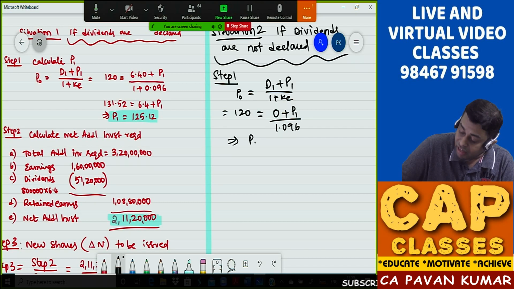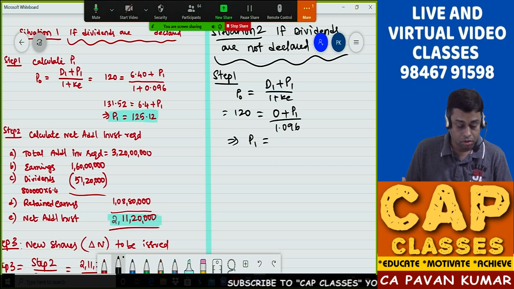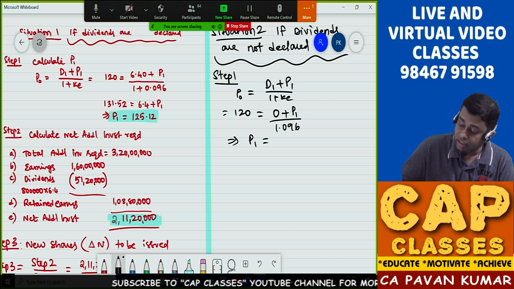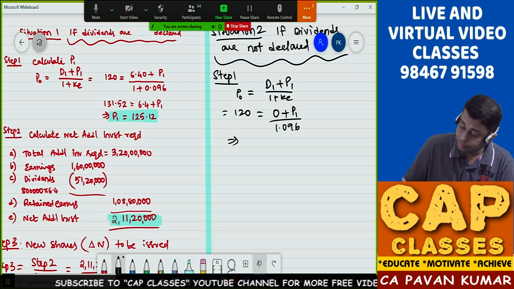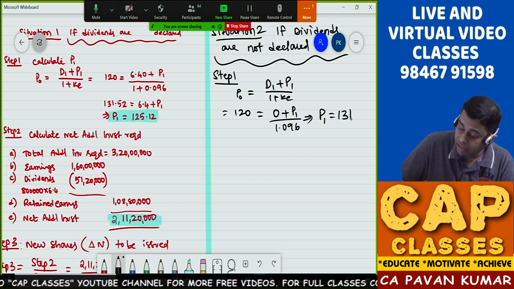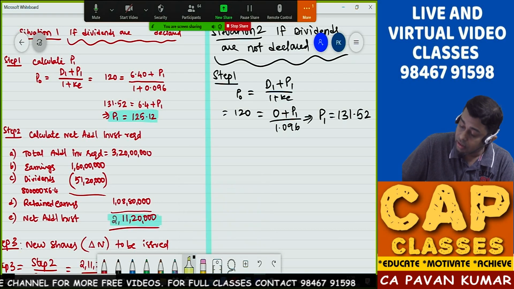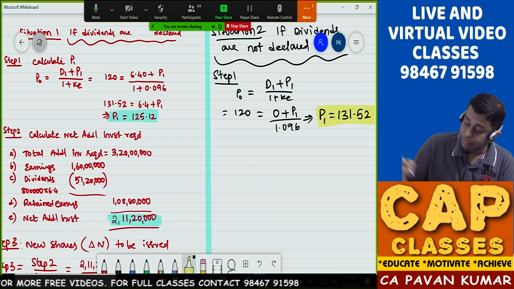Therefore P1 is equal to 120 into 1.096. This comes to 131.52. Therefore P1 is equal to 131.52. This is our step 1.